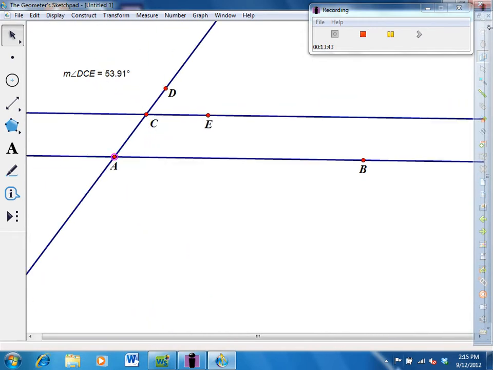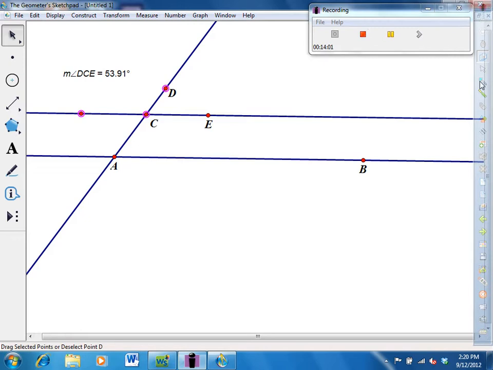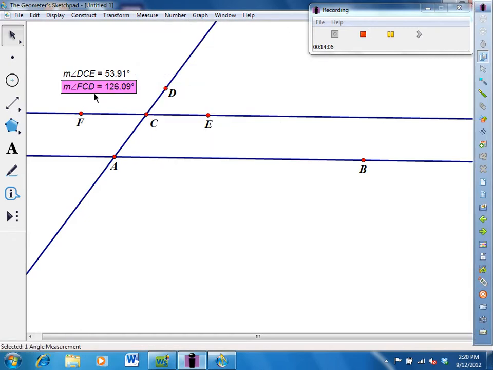Another cool thing: you're going to be asked to add a bunch of angles together to discover some relationships. So say I want to measure this angle over here, boom, boom, and I go measure angle. So that one's 126, which you would guess, because what has to be true about this and this? They equal 180. Now watch something else cool that you can do.